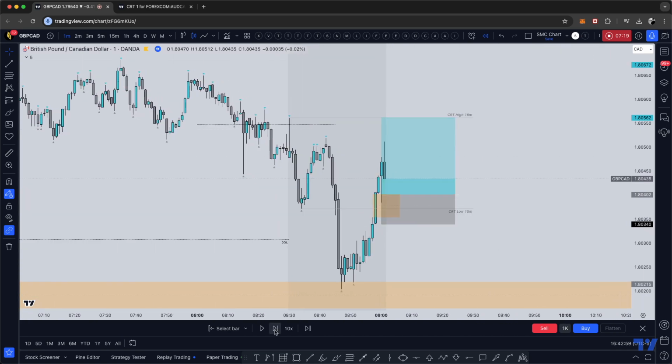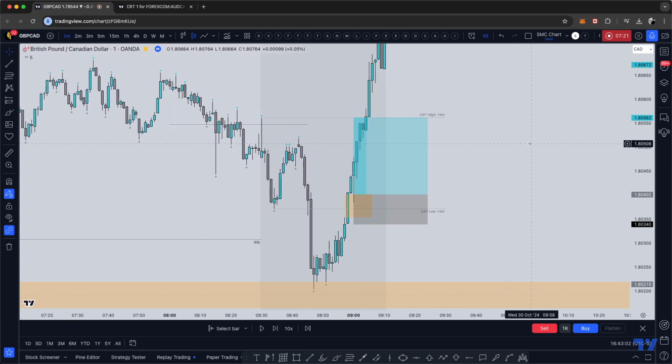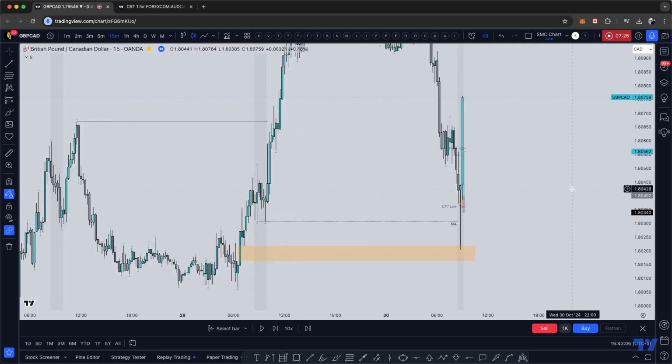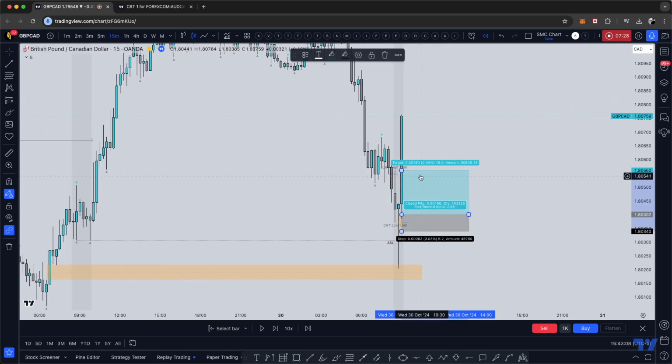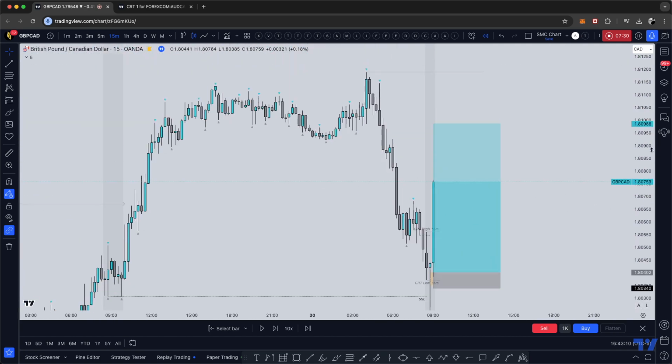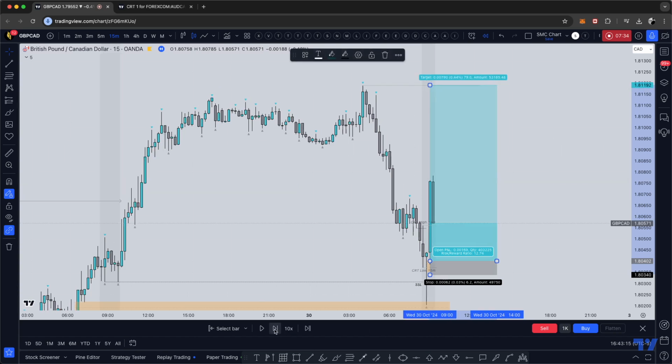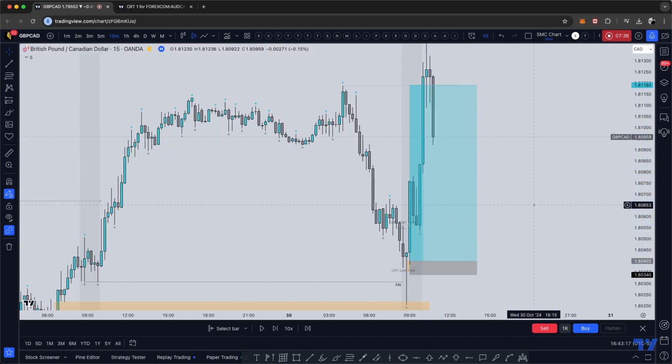Let's see what happens. Price pulls back, taps, and goes. So did it go? Let's say if we wanted to target that high. Nice, right?